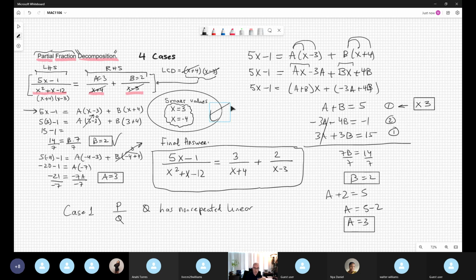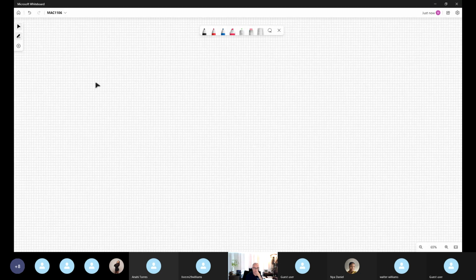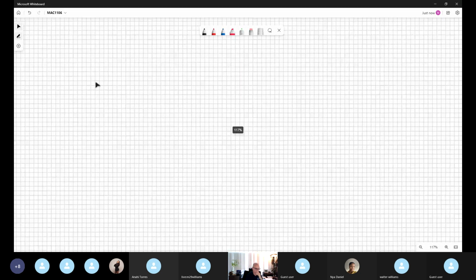So now we are doing one more example to reinforce the idea for this case number 1, the non-repeated linear case. Okay, erase the board or not yet? Erase, yes? Okay.